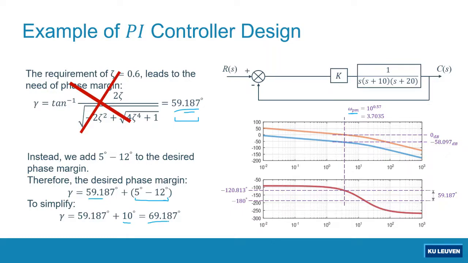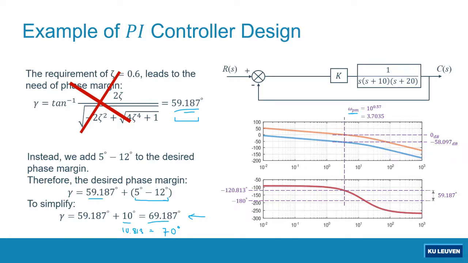It doesn't have to be 69.187. Actually, you can also add 10.813 to make it equal to 70 degrees. Probably it will be nicer, in fact, right? Actually, I should do it like this, but anyhow, I have already prepared the slide, so let's stick to this value.